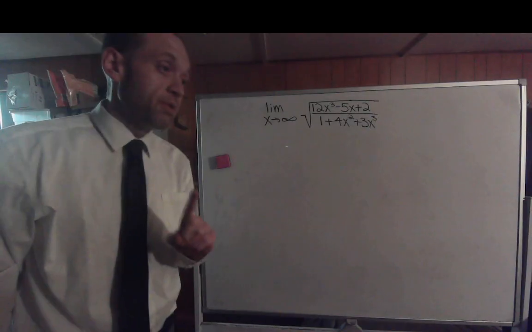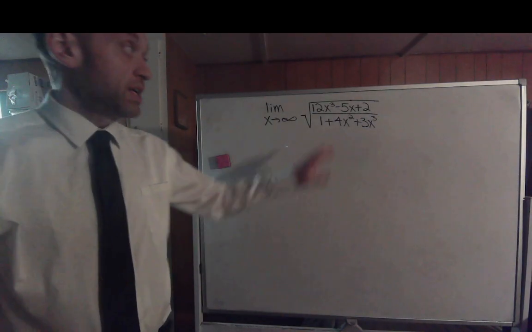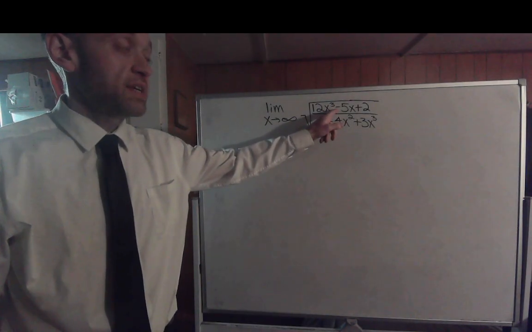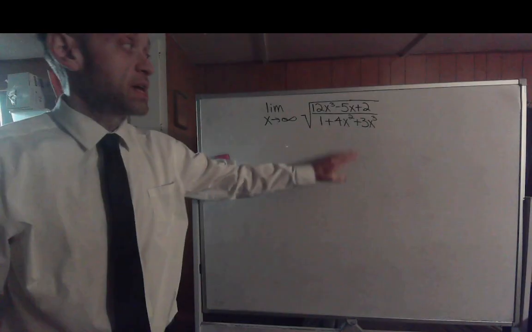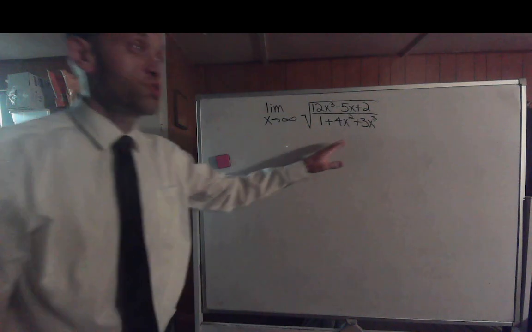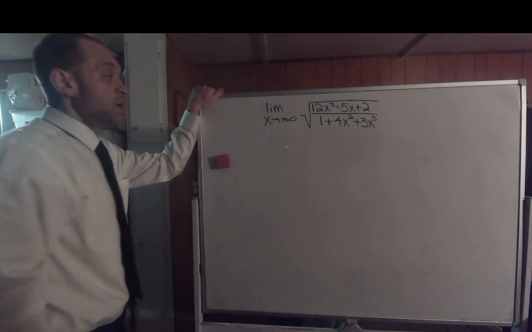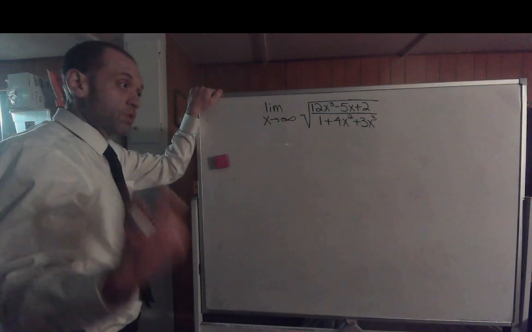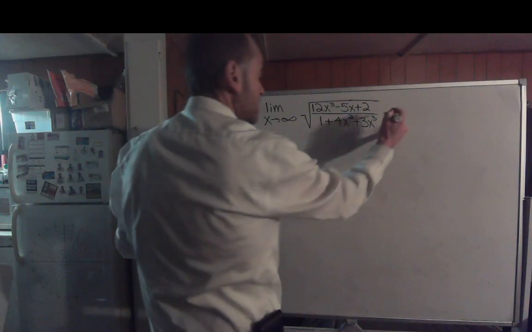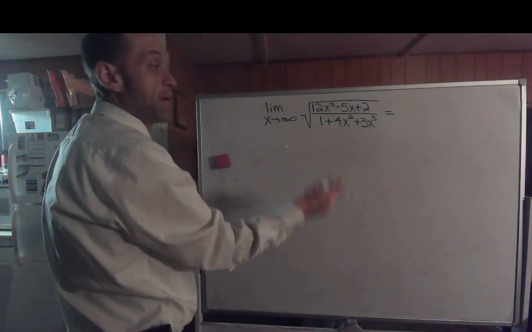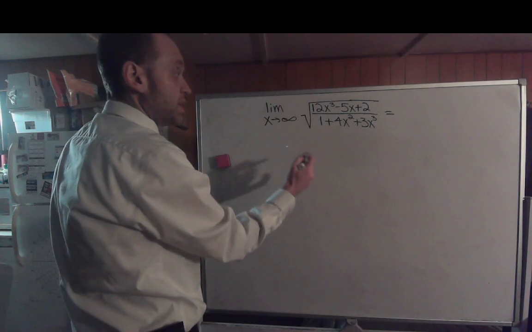One thing to keep in mind is that your leading coefficients are not always in order. Sometimes you'll go from descending order, and then sometimes you'll go into ascending order. Just watch out for your leading coefficients. But both numerator and denominator have equal degree, so it's going to be the ratio of the coefficients, but we have to bear in mind the square root sign.